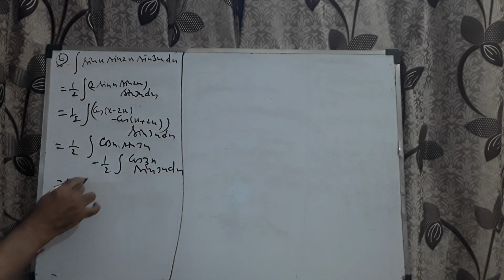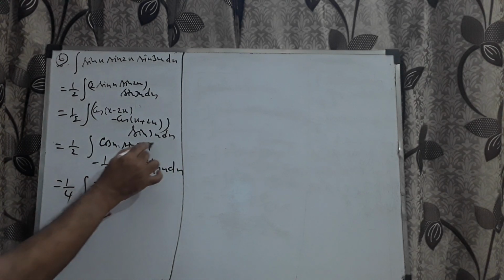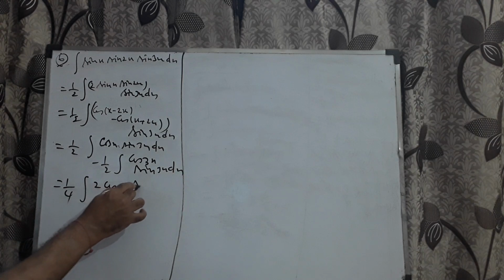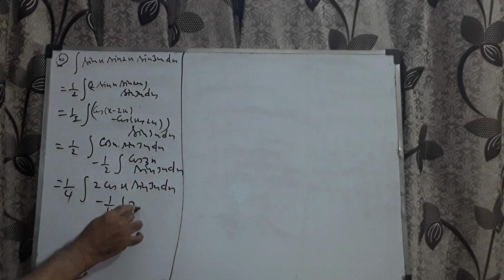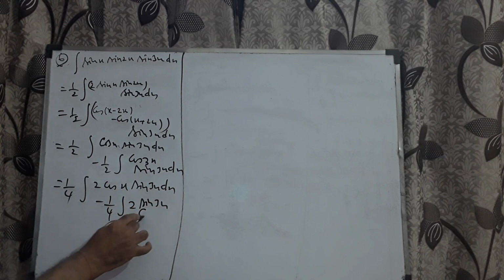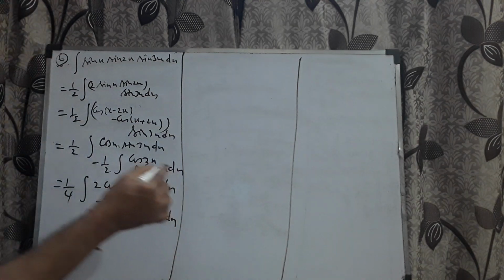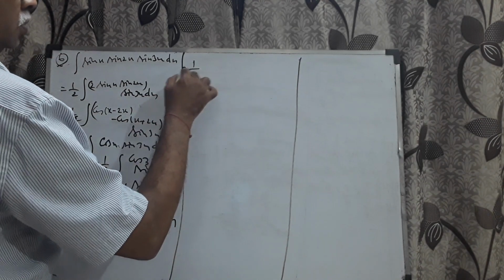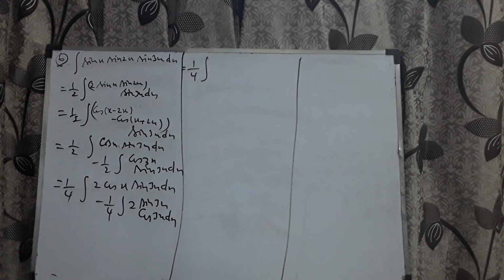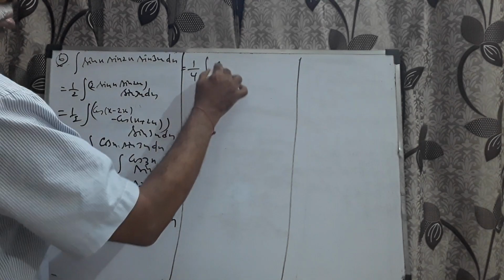Now again multiply and divide by 2. 2 cos x sin 3x dx minus 1 by 4 2 sin 3x cos 3x dx. Here I can very well write this as, see here, 2 cos a sin b is nothing but sin a plus b minus sin a minus b.